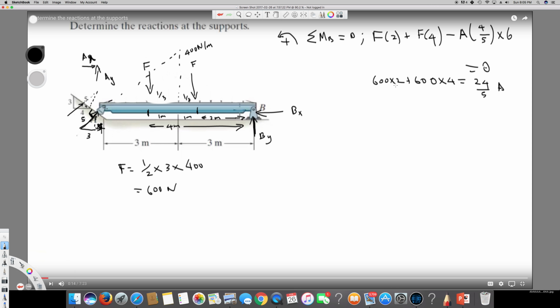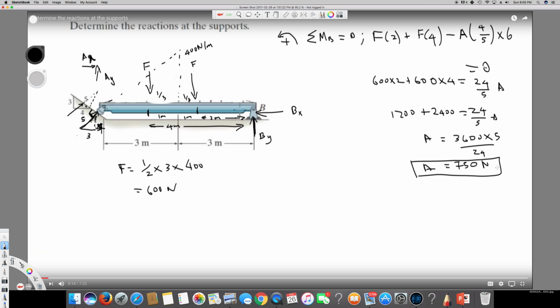So finally this comes out to be 1200 plus 2400 equal 24 over 5A, and if I solve this one, it's going to be A is equal to 3600 times 5 over 24. So the final answer is 750. A is equal to 750 Newton. So we found the A.